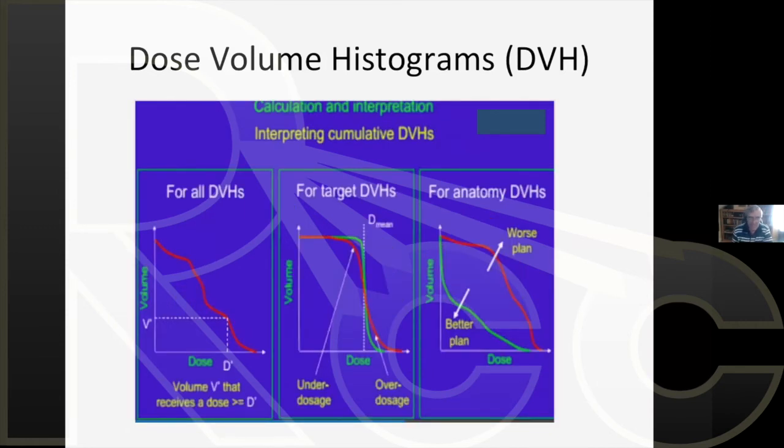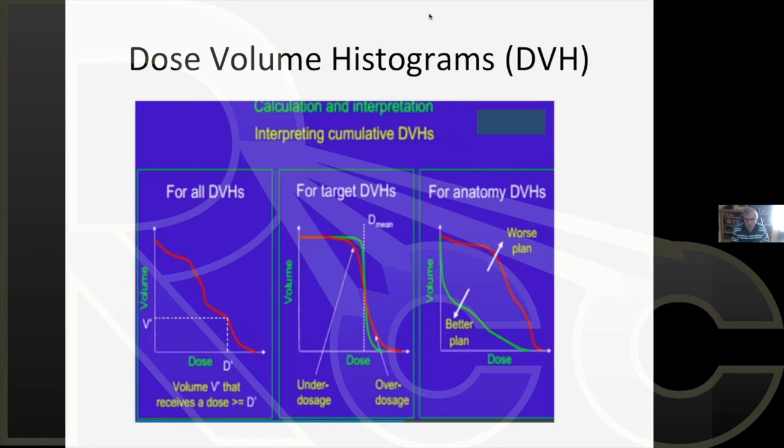Yeah, and the next slide shows that generally, if you're looking at organs at risk, the worst plans have DVHs that trend up to the right. The better plans for organs at risk have DVHs that trend to the lower left. So the shape of the DVH is a good indication of the plan quality. You want to be very careful that the organ at risk doesn't have an extremely steep slope.